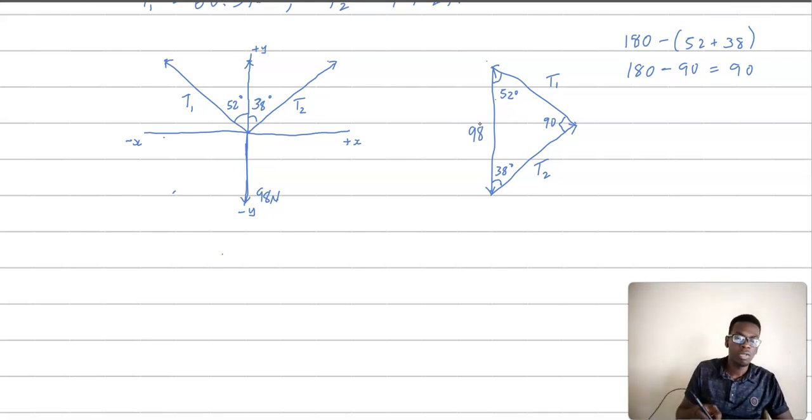A suitable formula we can use is the sine rule. And what does the sine rule say? The sine rule says that the ratio of the sine of an angle to the opposite side is the same for all angles in the triangle.